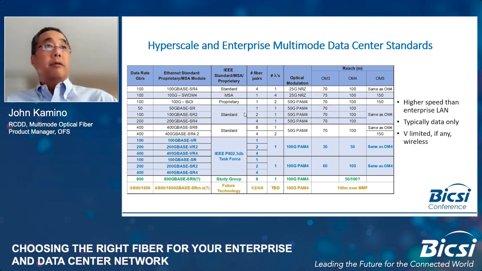Standards that are currently under development include the 100G base VR, 200G base VR2, and 400G base VR4, and the corresponding 100, 200, and 400 gigabit standards that are SR. If you'll recall on the last slide, we talked about supporting very short 30 to 50 meter link distances for fiber to the server. And that's what the VR application is designed for.